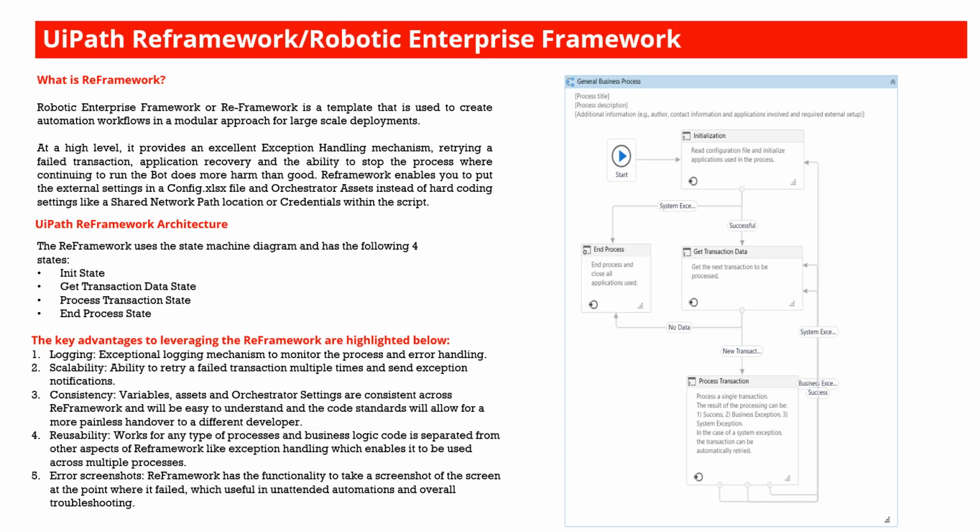That means it needs to initialize the application again. So if there is a system exception, control will go back to init. But if there is a business exception, control will go back to get transaction data. And if it is a success, then also the control will go back to get transaction data for the next step or the next transaction item.